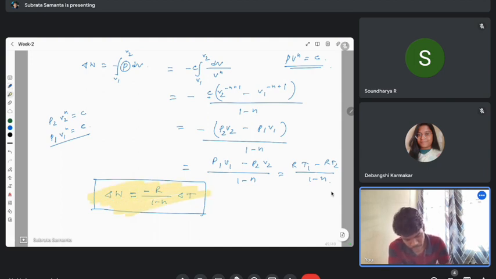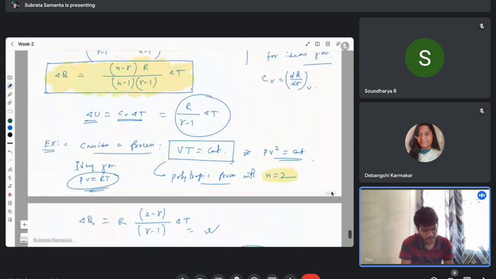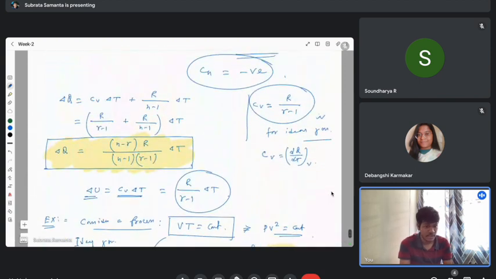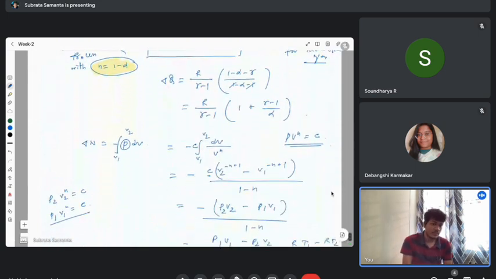Okay. So up to this point, any questions? So far we considered the polytropic process and calculated the delta Q, delta W for general values of n. Okay, so if you put any particular value of n, we get the specific process.